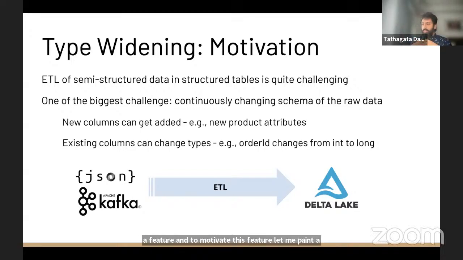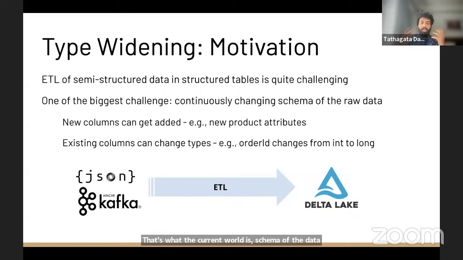It's one of the very common uses of Delta and Spark Structured Streaming, and that is that you are taking semi-structured data from various different streaming sources like Kafka, with data encoded in JSON, parsing it, doing ETL and putting it into structured form like Delta Lake tables. However, since it is semi-structured, the schema of this data can continuously change. That's what the current world is. The schema of the data can evolve.